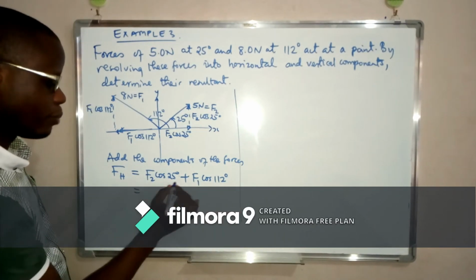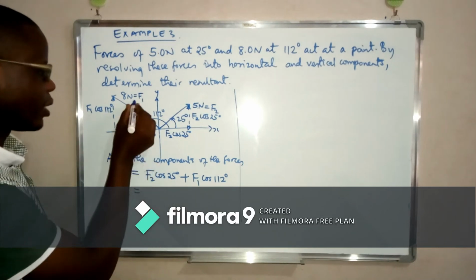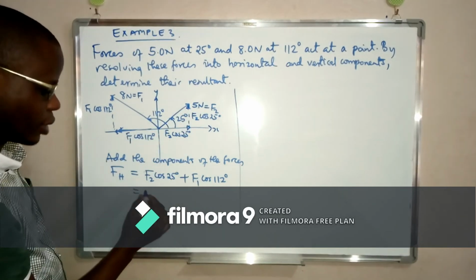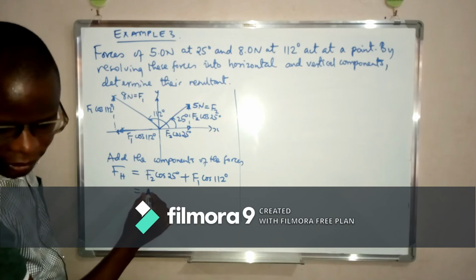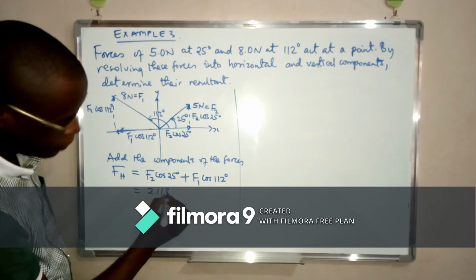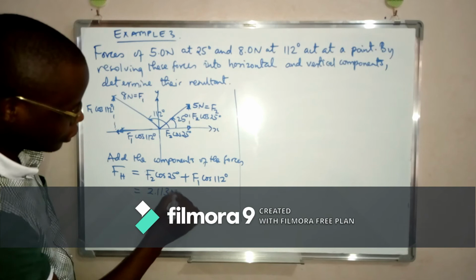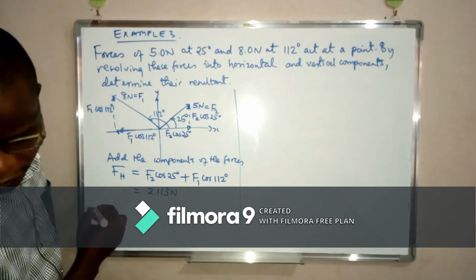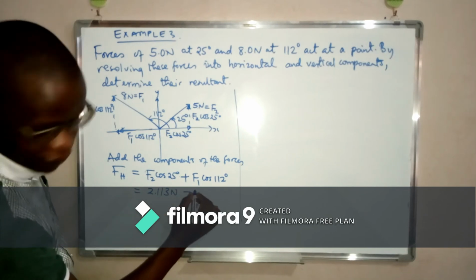Since we know F2 is 5 newtons, this part alone will give us around 2.113 newtons.